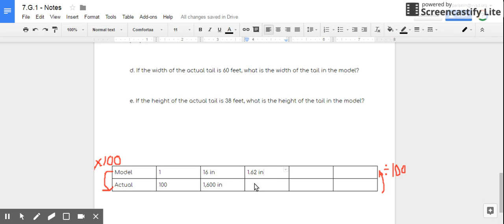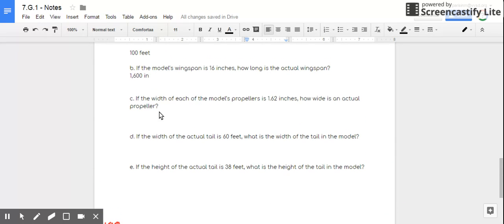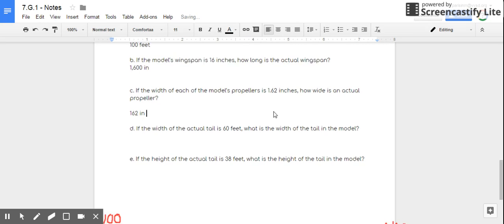Again, to go from model to actual, you are multiplying by 100. So 1.62 inches times 100 would be 162 inches. To answer part C, we want to know how wide the actual propeller is. So it's 162 inches.